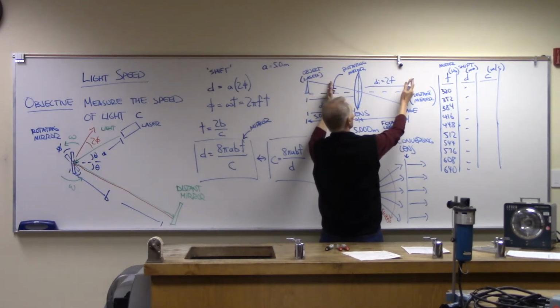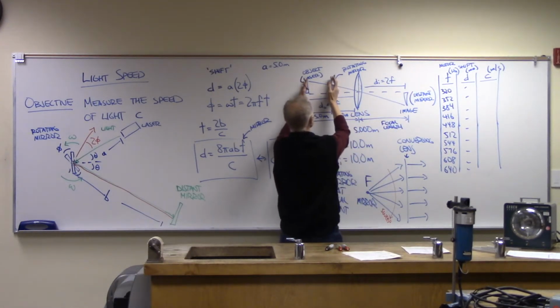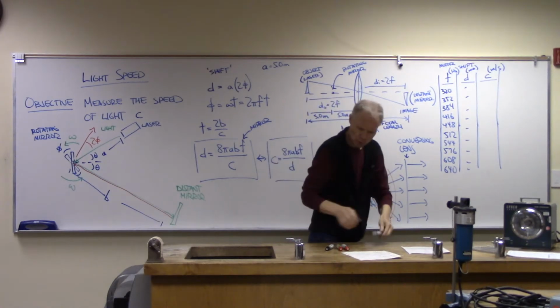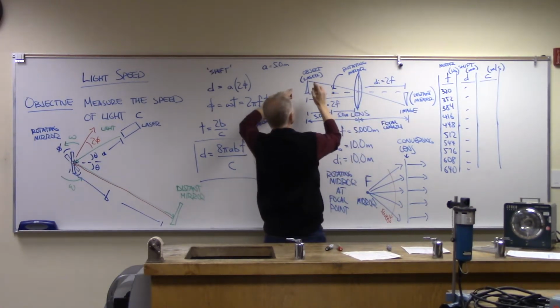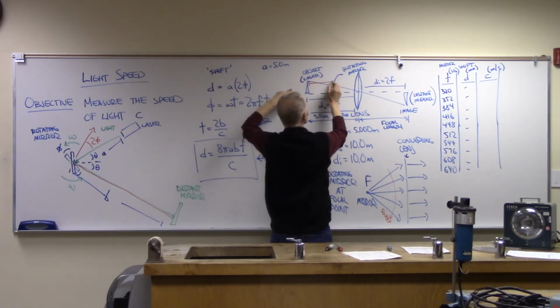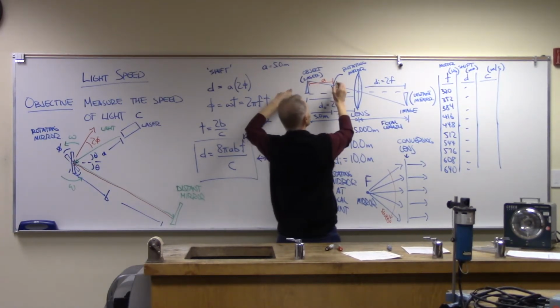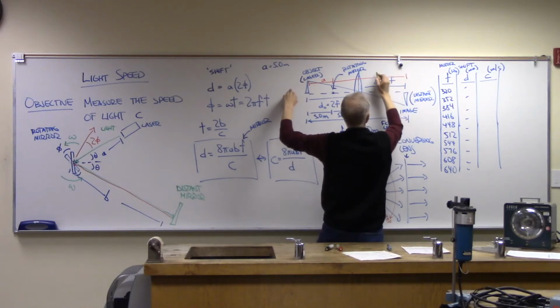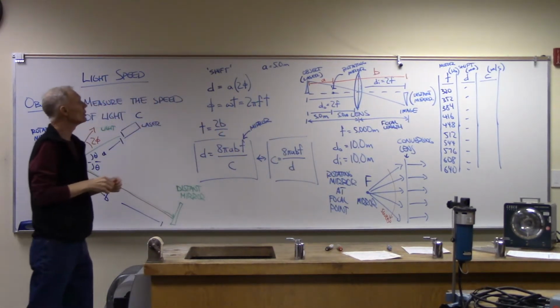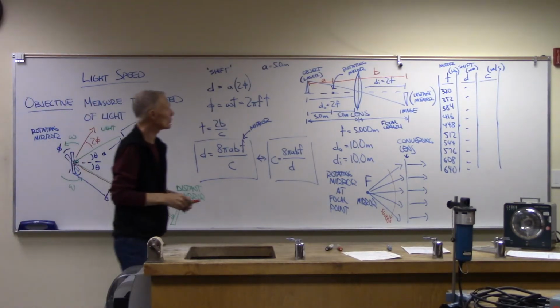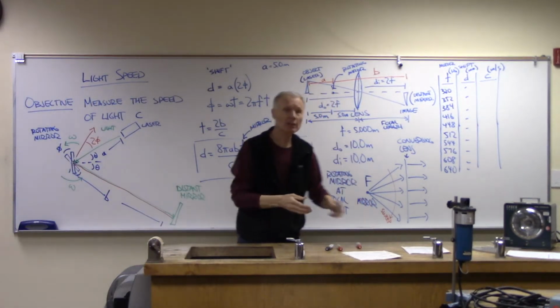So B is going to represent this distance. A is the distance right here. Ooh, at the risk of really mucking this up. So that is distance A. That is distance B. There, the color worked. So A is going to be 5 meters. B is actually going to be 15.